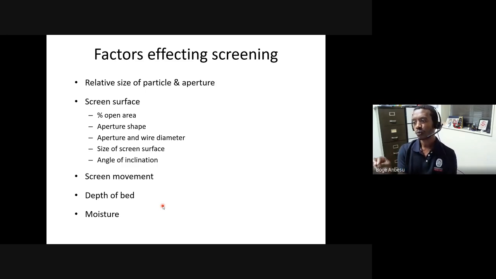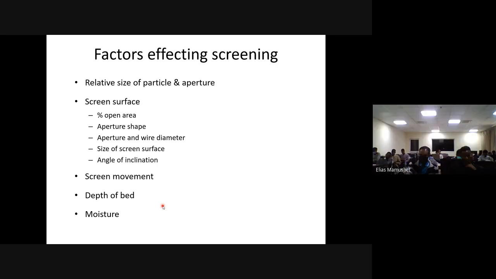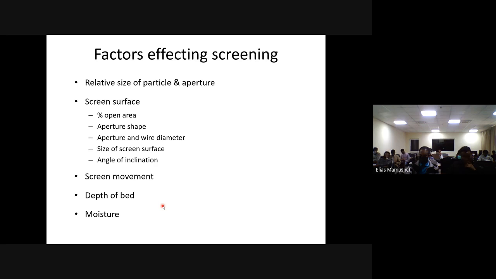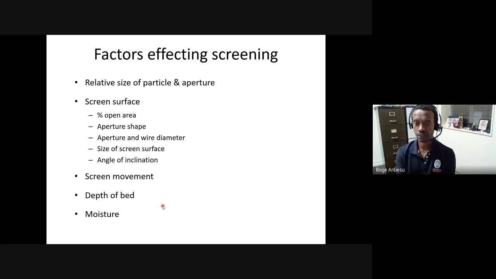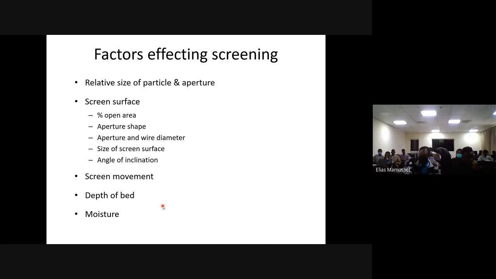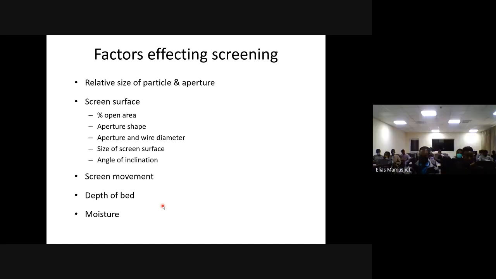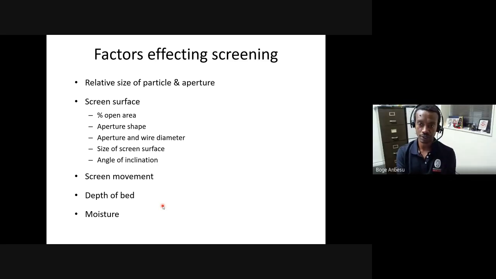The other factor you need to look into is what is more critical for me: capacity or efficiency? Whether you decide on efficiency or capacity has to do with what you are doing the screening for. It could be for a specific operation that requires accurate screening. In that case, efficiency is more important, and the aperture is very critical.